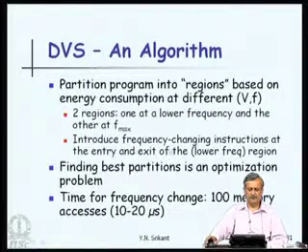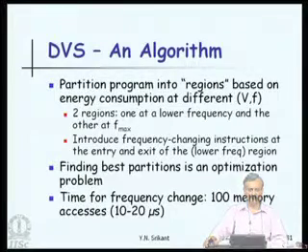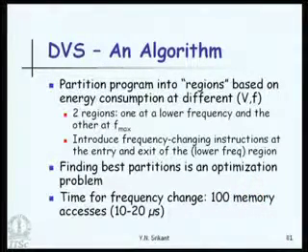We introduce frequency changing instructions at the entry and exit of the lower frequency region. In other words, when the program control enters the lower frequency region, the frequency is changed to a lower one, and when it exits the lower frequency region, the frequency is changed again to the higher one.